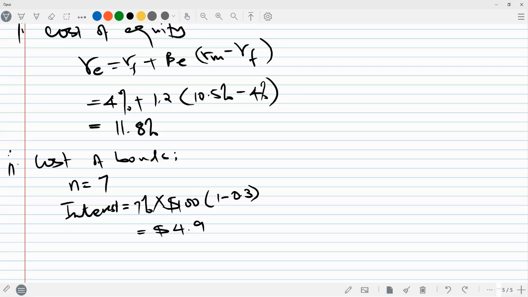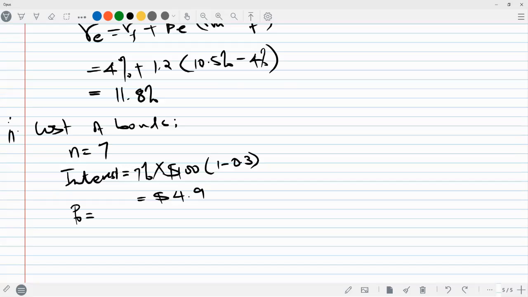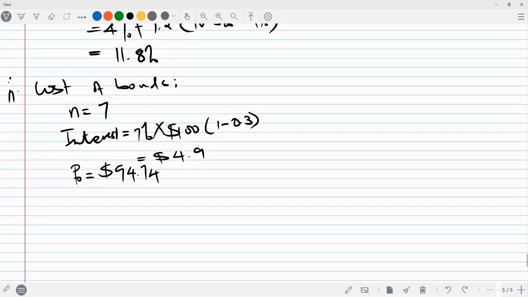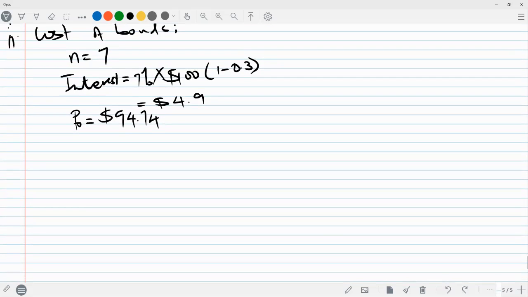The current market value P naught is given as 94.74. Here we use the trial and error method, where if we discount the cash flows at the correct discount rate, then the difference between the market value and the sum of those present values ought to be equal to 0.